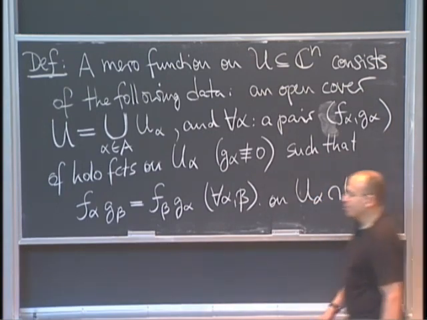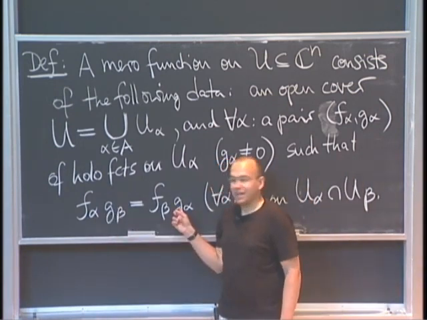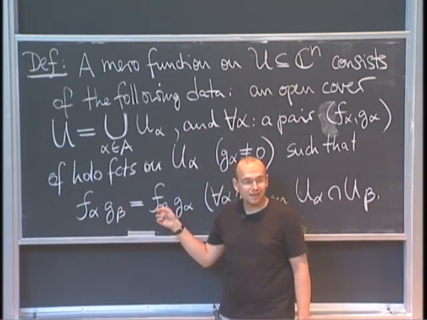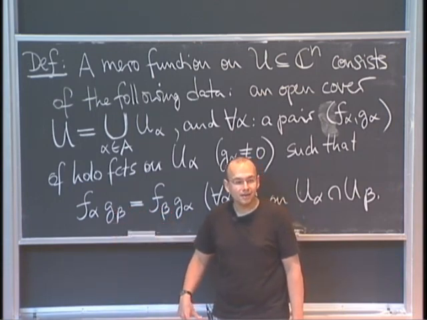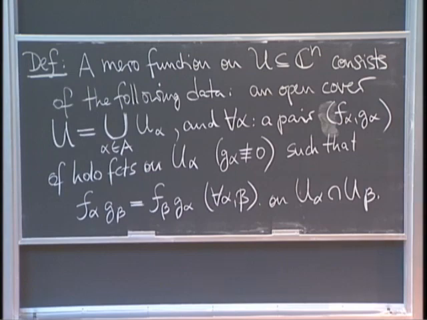That's just saying that the ratio f_alpha over g_alpha is the same thing as the ratio f_beta over g_beta whenever both ratios are actually defined. So it's something that's locally a quotient of two holomorphic functions, and exactly what holomorphic functions I have to take can vary from patch to patch.